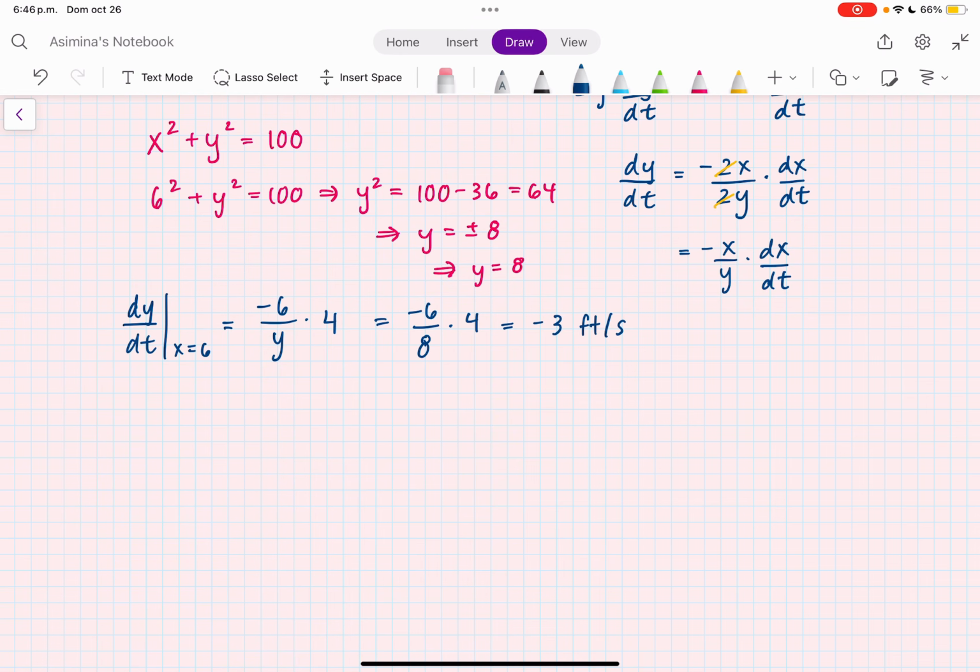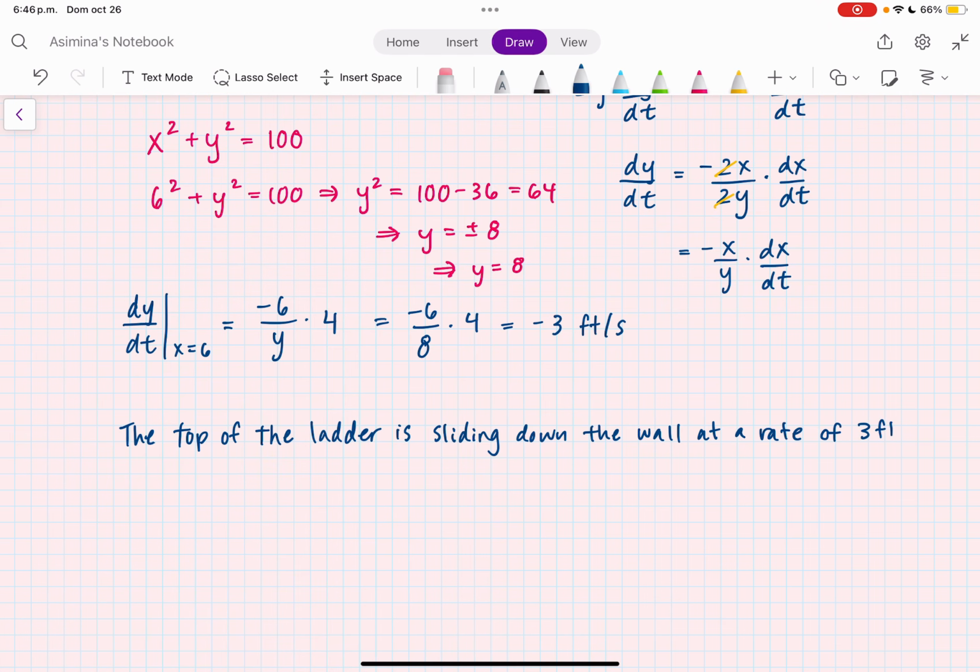So in other words, this tells us that the top of the ladder is sliding down the wall at a rate of 3 feet per second. And that is our final answer.